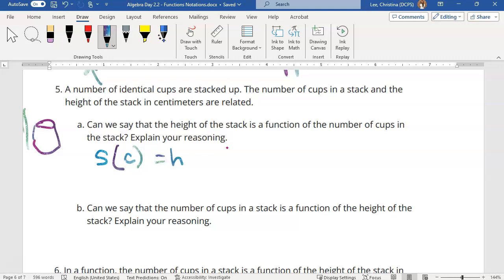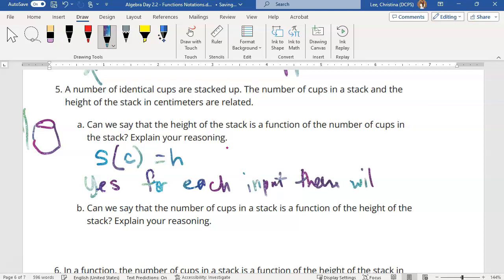I put another cup on top, now I'm going to have 5.01 inches. So it's going to change each time. And so we can say yes, because for each number of cups that we input, there will be a different height value. So for each input, there will be 1 output.